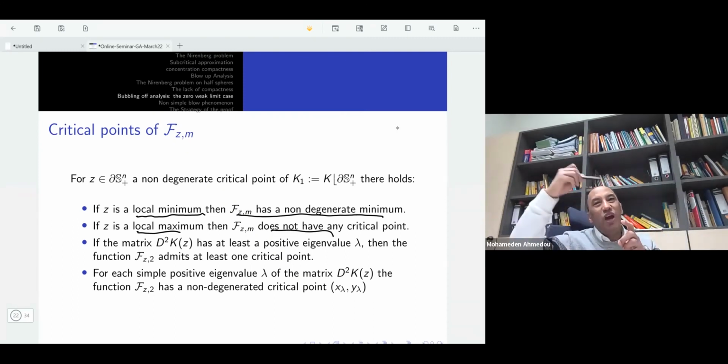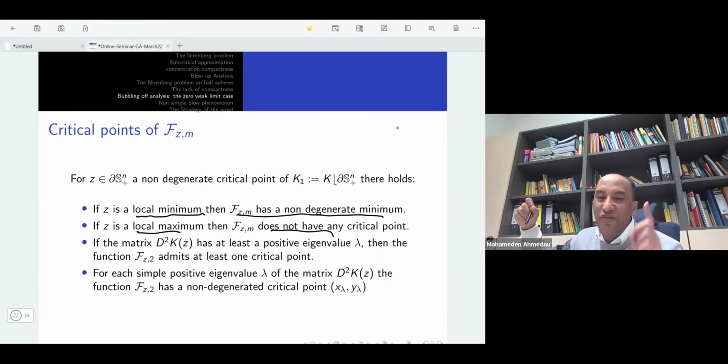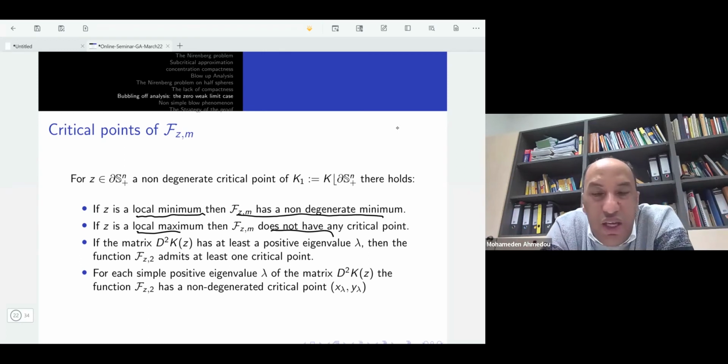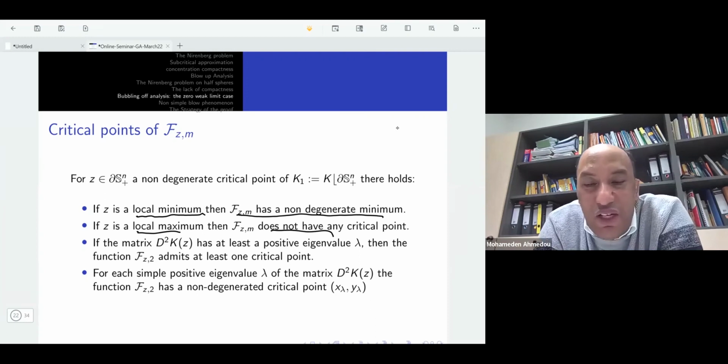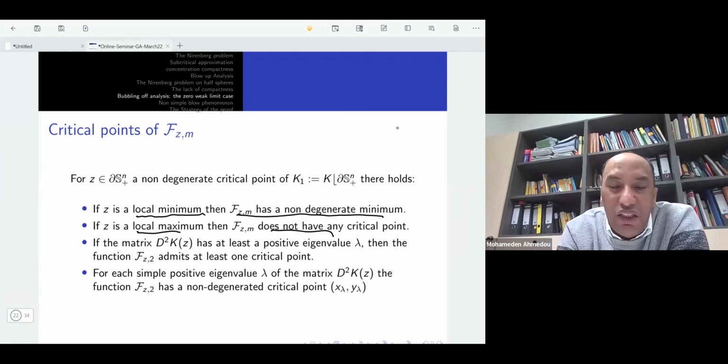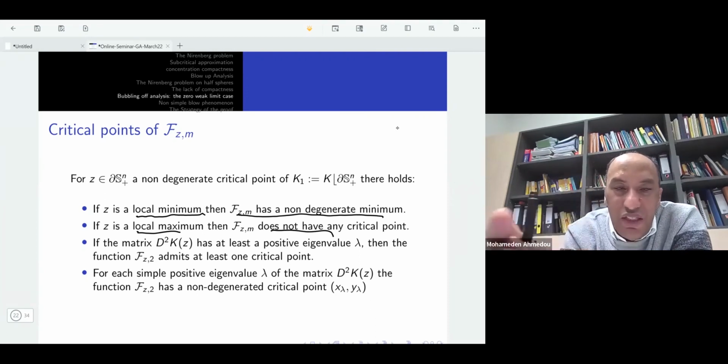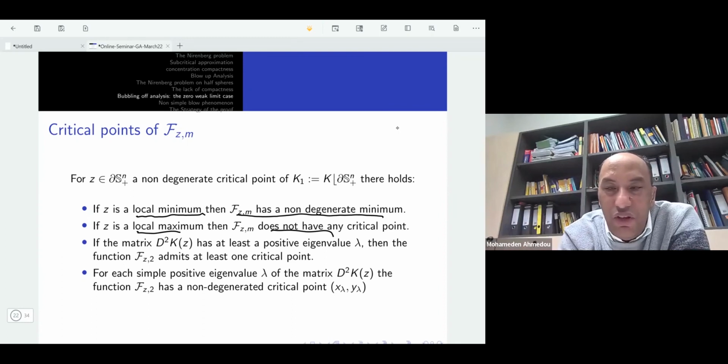This means that if you have a local maximum, you cannot build there more than one bubble. So every local maximum of K1 is a simple blow-up. And now you can also give a condition on the Hessian matrix so that you have a critical point and even a non-degenerate critical point. So this is the situation of this function here.